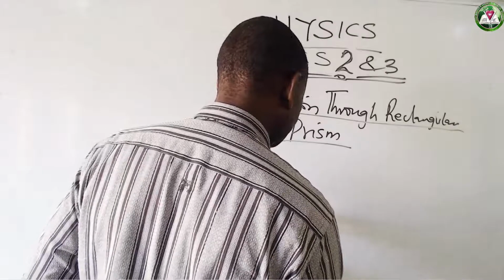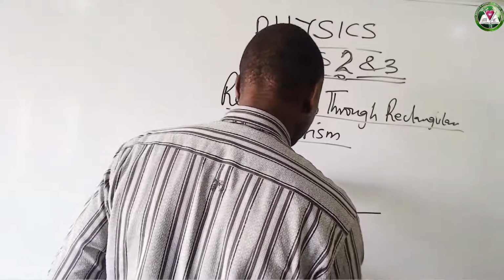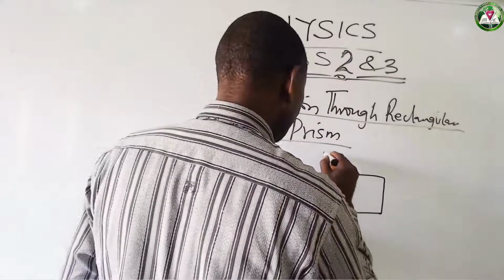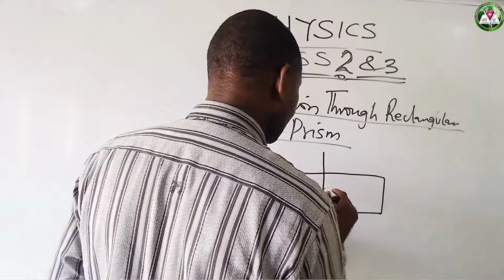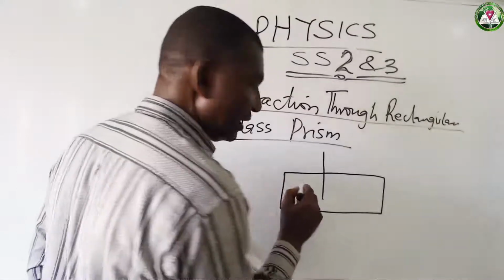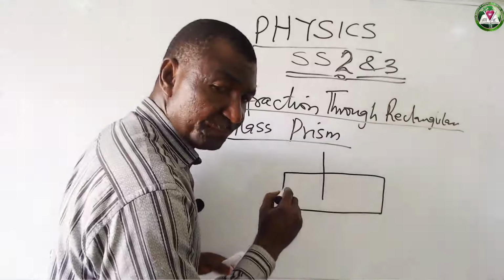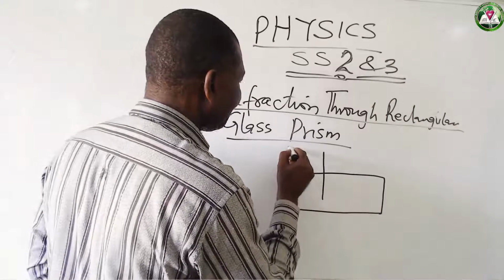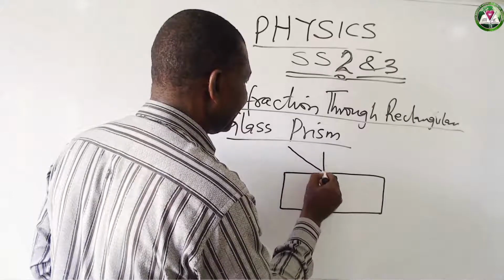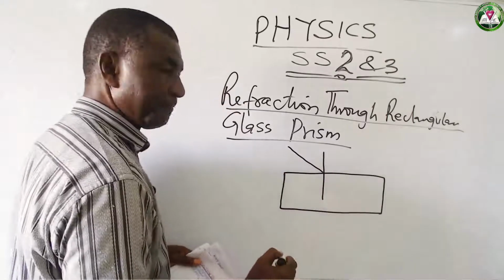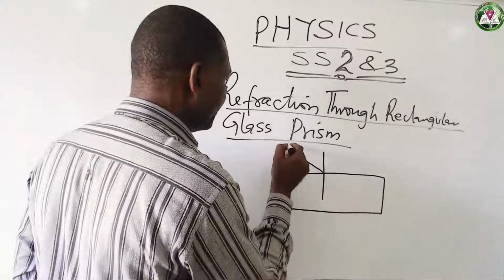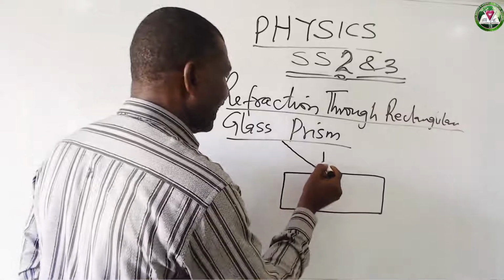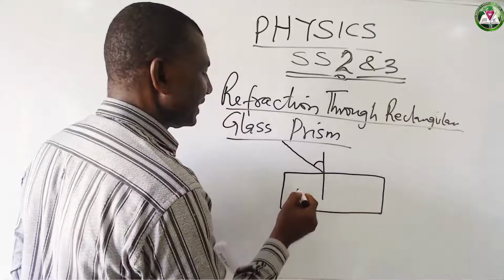This is our rectangular glass prism. And then we draw a straight line at the middle. This straight line is what we call the normal. And then we have our light, which is now the incident ray. When you draw this incident ray with your protractor, you map out your angle.